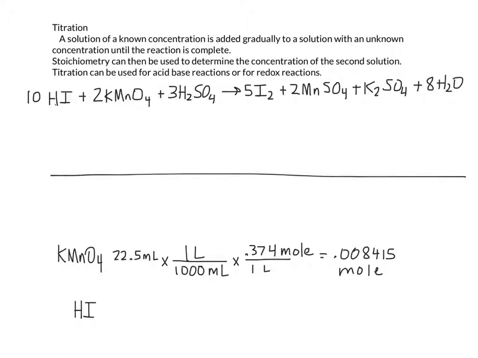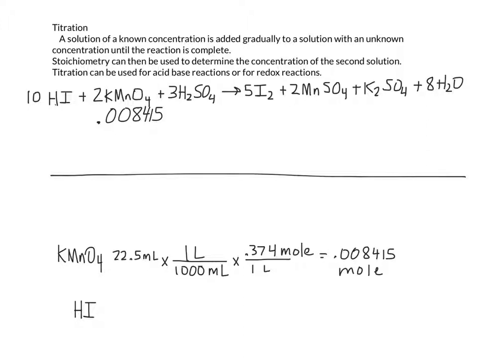The potassium permanganate is 0.008415 moles. So I'm going to use some mole ratios to figure out the other parts. The ratio of hydrogen iodide to potassium permanganate is 10 to 2. So there are 5 times as much hydrogen iodide as there is potassium permanganate.